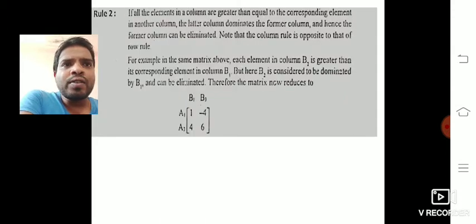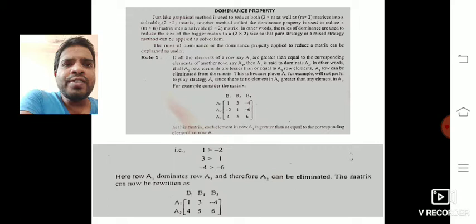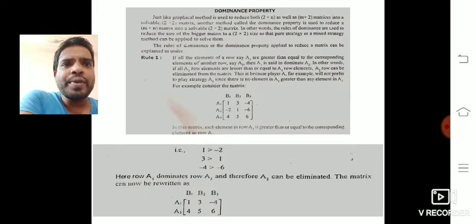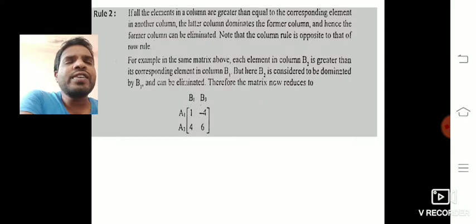In this second rule, since B2 dominates B1, we delete the dominated column. So B2 is dominated and is deleted, and we can write the matrix with B1 and B3.